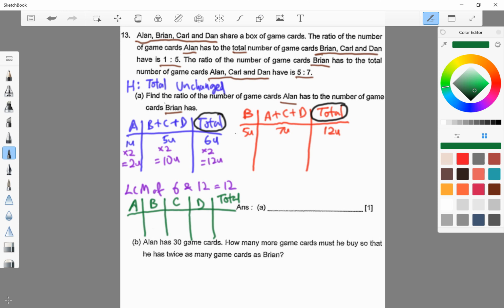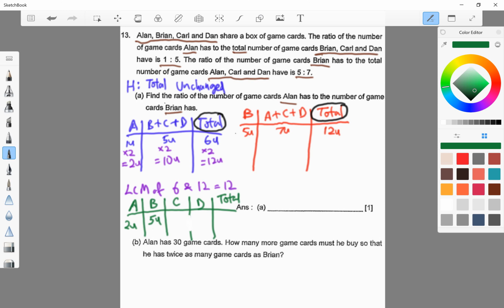My A has got to be 2 units, B 5 units, and C and D we actually do not know. It's not given to us. But what we do know is that C and D, if I were to combine them, has got to be 5 units.